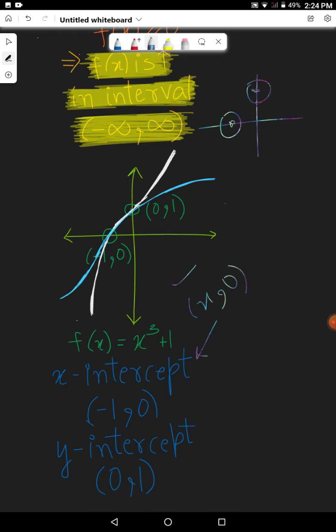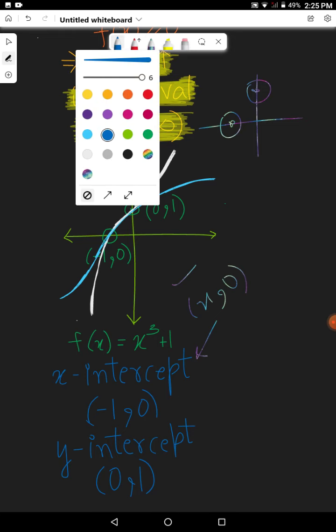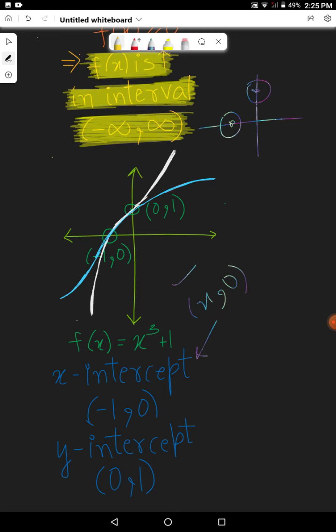But there are 2 ways in which the curve can be drawn if it is increasing. One way is that it can increase in this way, where the concavity is upward, right?